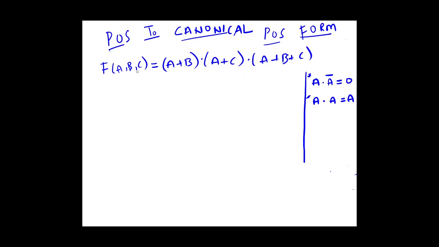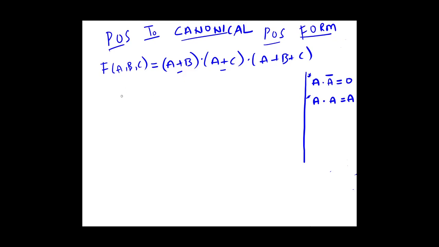So now the expression here is (A plus B) into (A plus C) into (A plus B plus C). According to the rules, the first step is to add whichever variable is not present in a term. Here we are going to add C. In this you are going to add B. In this you are adding nothing because all 3 variables are already there.